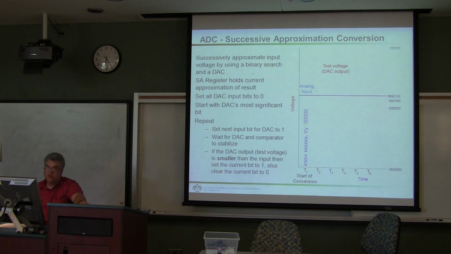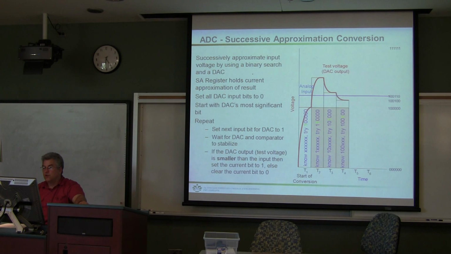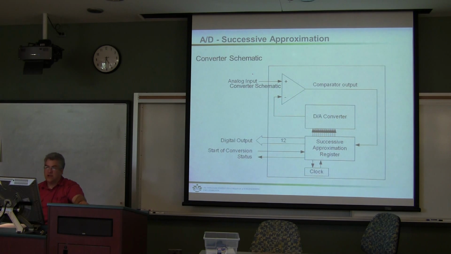One thing I should tell you is that the way most microcontrollers do it is similar to what we've already done, what's called successive approximation. You guess halfway, higher or lower. Then you do the next one higher or lower, and eventually you'll get the actual answer.